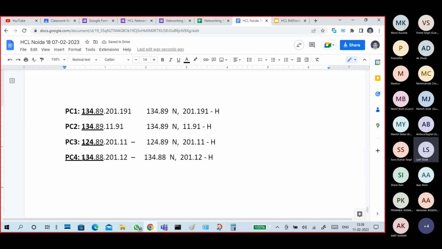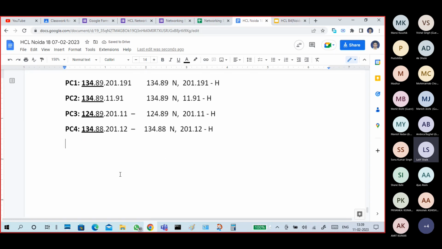So guys, PC1, PC2, PC3, PC4 are there. PC1 and PC2 can communicate with each other. Why? Their network portion is the same and the host portion is different.